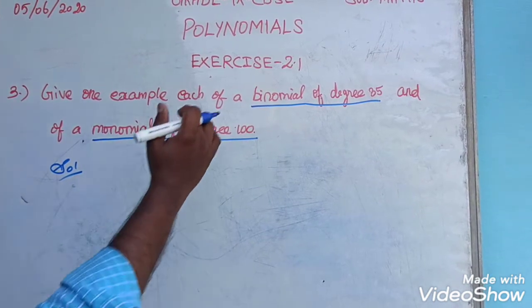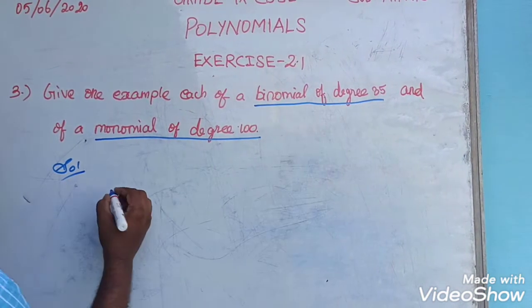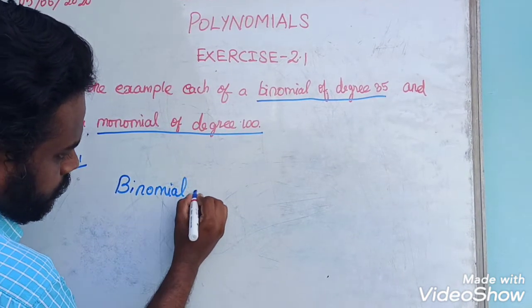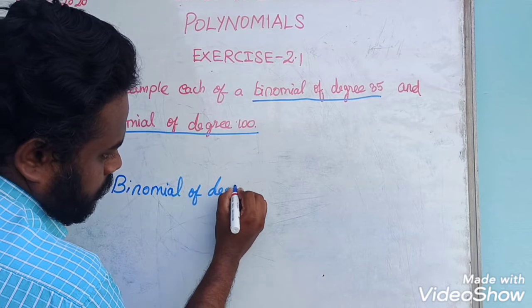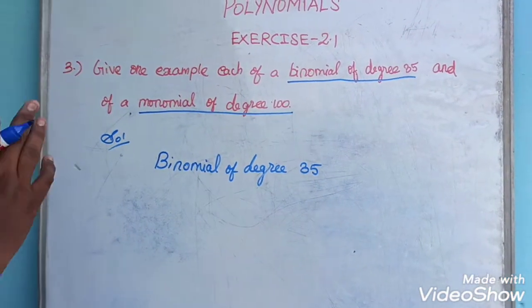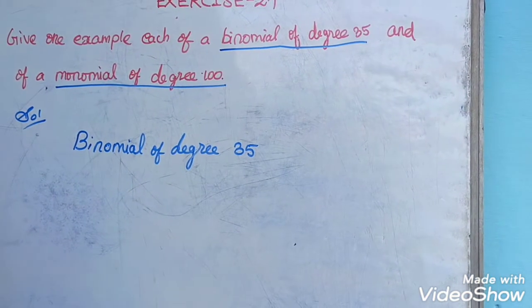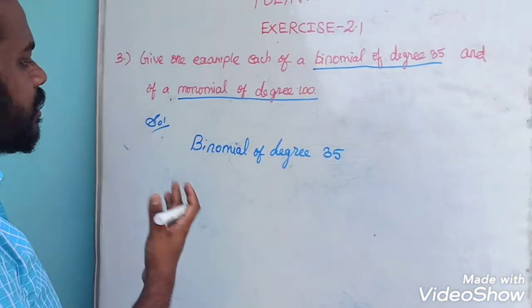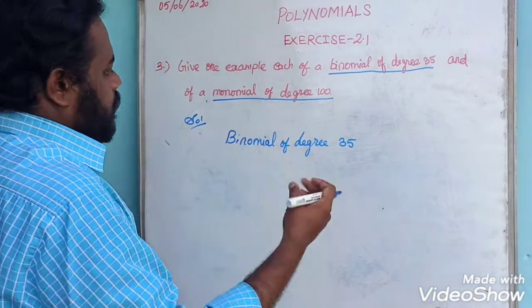So first we take a binomial of degree 35. For a binomial, as you already know, 2 terms are there. So I will take 2 terms. A term is nothing but a combination of variable and constant.